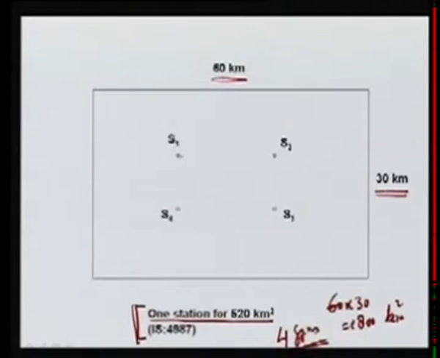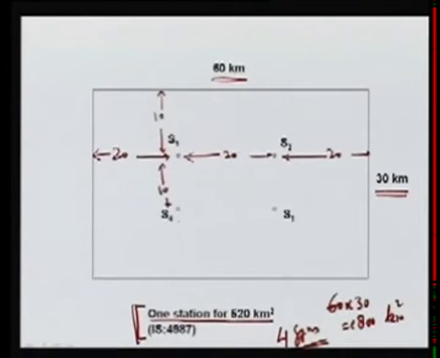and let's put these stations as S1, S2, S3 and S4, and in this case we may decide to put them at 20 kilometers, and similarly 10, 10 and 10.